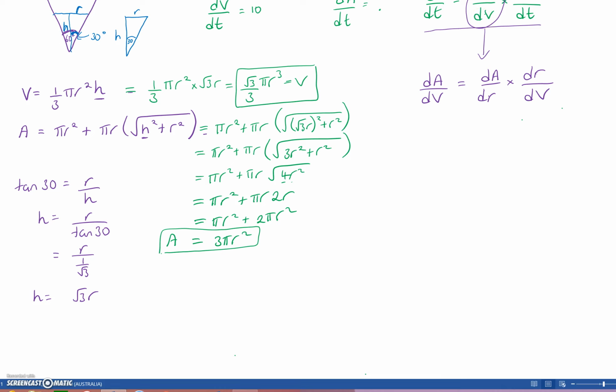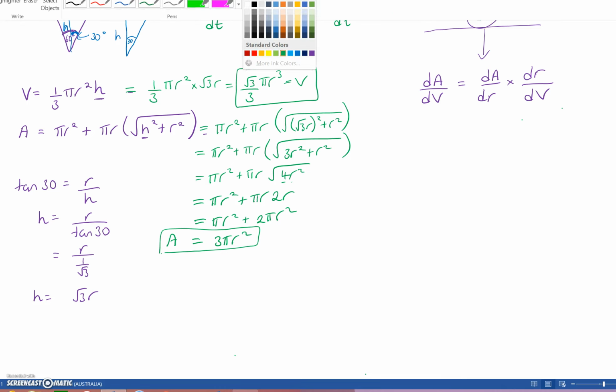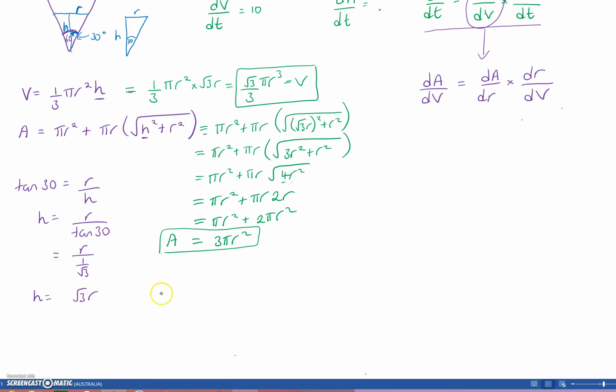So that's what I'm going to do. I'm going to differentiate each of those terms. So I have dV/dr equals root 3 pi r squared, and dA/dr equals 6 pi r. And I'm going to put them into here.